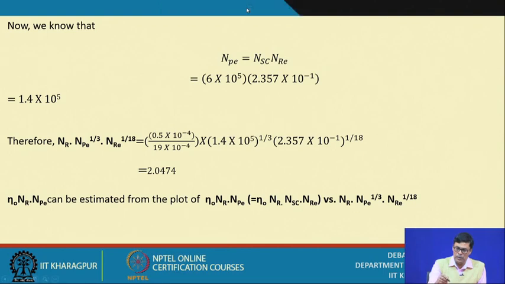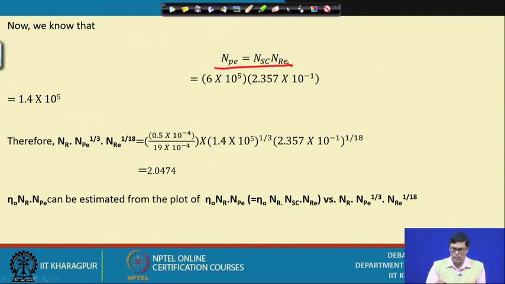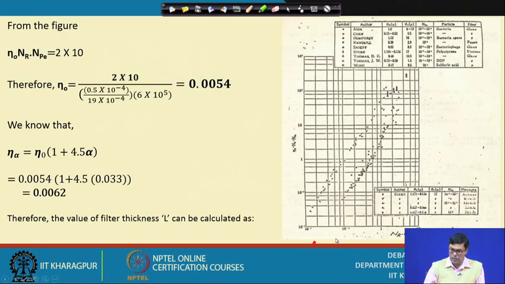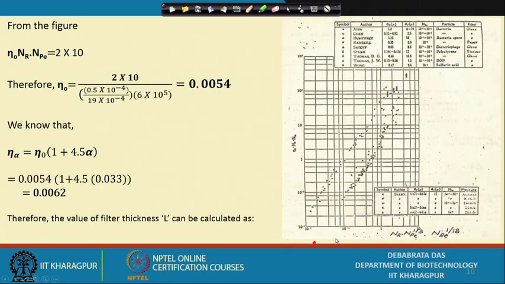Then we have the correlation that Peclet number equals Schmidt number into Reynolds number. So, we have already found out the Schmidt number and Reynolds number. So, our Peclet number will come to 1.5 into 10 to the power 5. Now, if you look at this figure, here we have the correlation in Peclet number to the power 1 by 3 into the Reynolds number to the power 1 by 18.